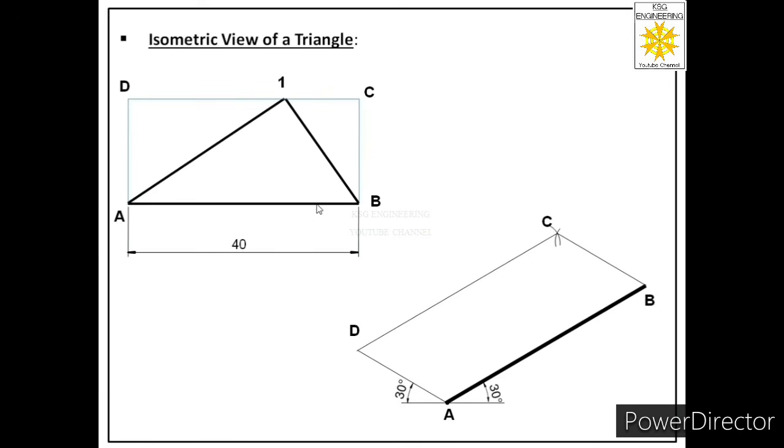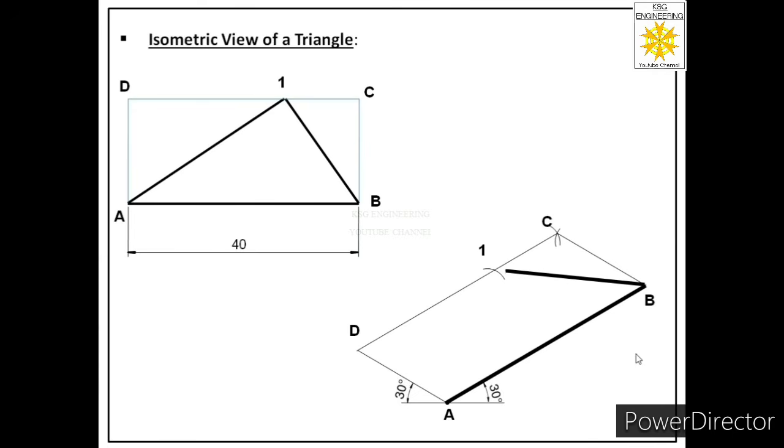Now we have to locate point 1, which is in between C and D. For that, we will put the compass at point D and open the compass to the distance D1. We'll measure this distance D1, then place the compass at D and cut that distance on this length. So this point will be point 1.